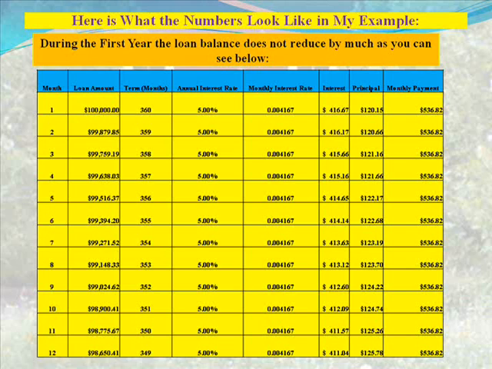Notice that in the principal column, only $120.15 in the first month is used to pay down the principal. And you can see how that amount gradually builds, but very gradually, especially in that first year. So in the 12th month, the principal part of the payment is only $125.78.